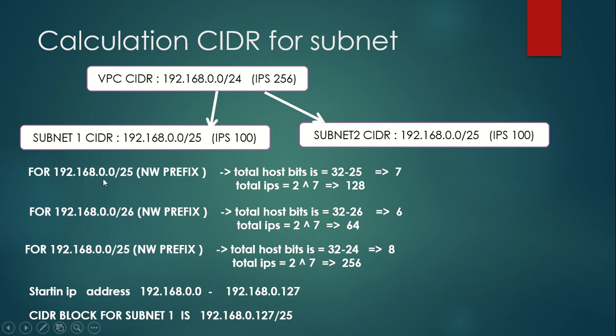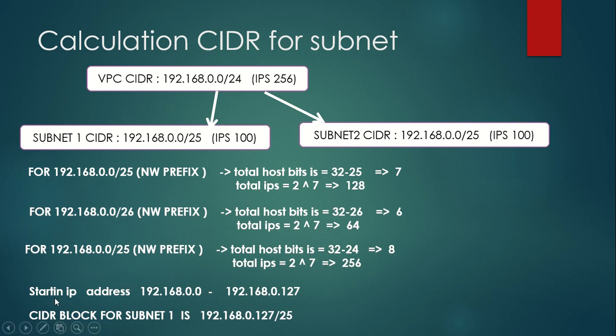That's the reason I took the CIDR value as 192.168.0.0/25 for subnet 1 as well as subnet 2. I took the same CIDR block, right? Which will fulfill 100 IP addresses for each subnet.